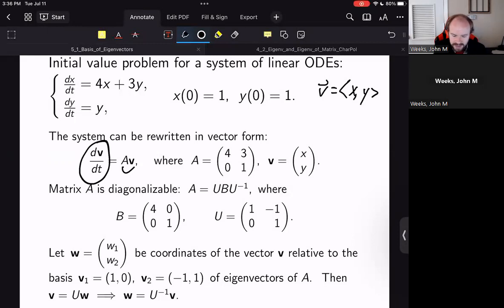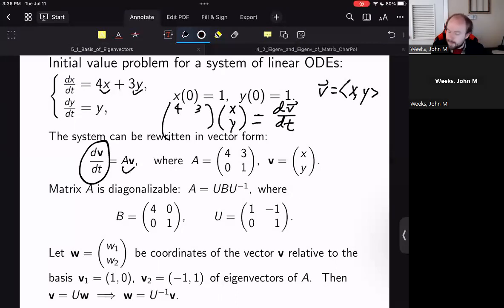So this is our column vector here. We are writing this as 4 times x plus 3 times y. If I write (x, y) as my column vector down here, then 4 and 3 go right here. If I do this matrix multiplication, I get 4x plus 3y.